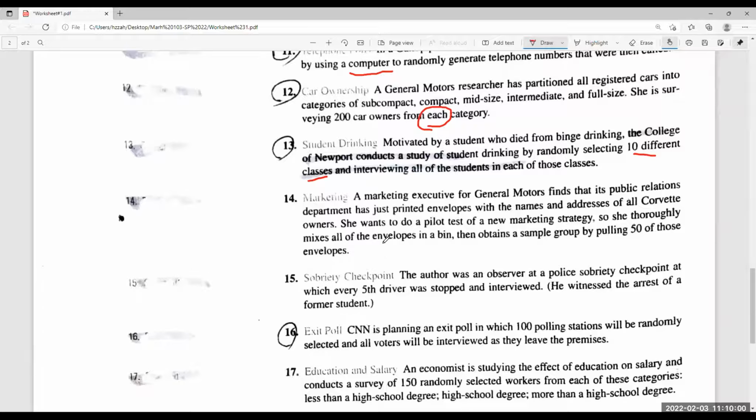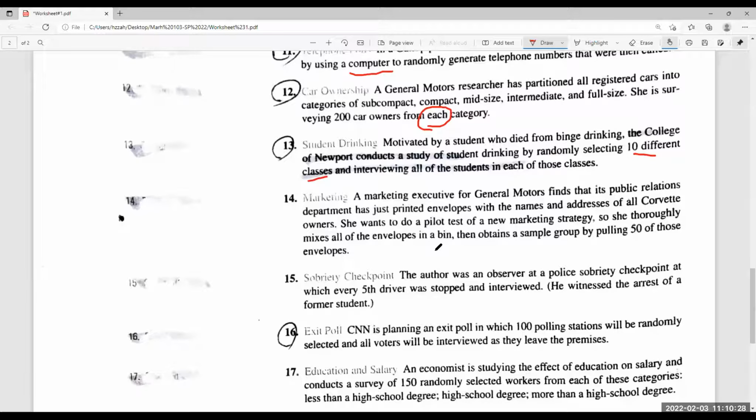She wants to do a pilot test of new marketing strategies, so she thoroughly mixes all the envelopes in a bin, then obtains a sample group by pulling 50 of those envelopes. Which one? Random. Because she mixed them together and picks some. So that's going to be random sampling.